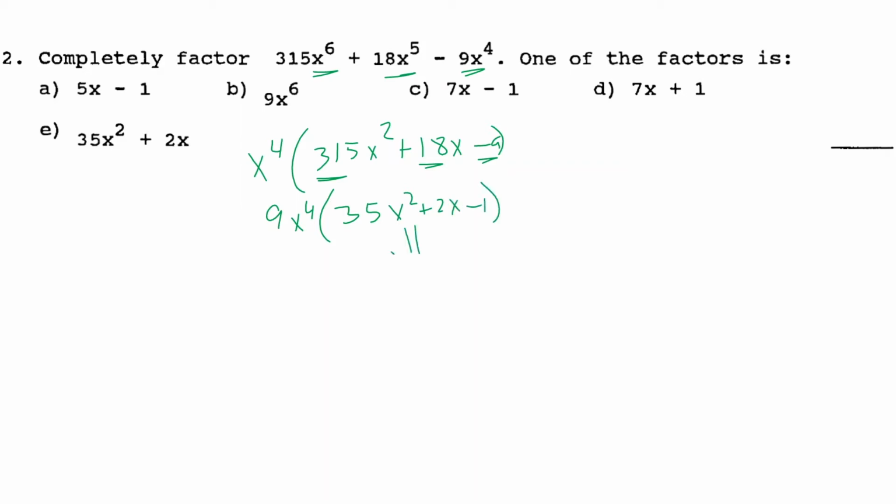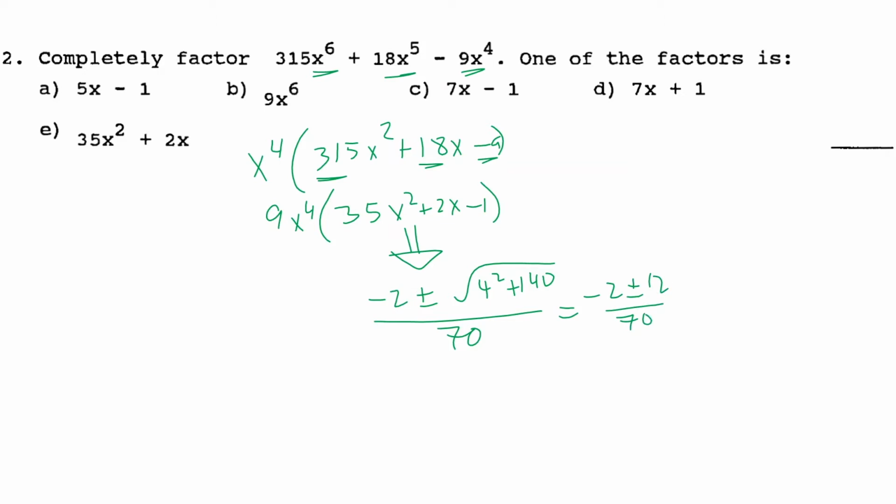Now I absolutely have to use the quadratic equation. Minus 2 plus minus square root of 4 squared plus 140 over 70, which is minus 2 plus minus 12 over 70. Again, I'm skipping lots of steps here. So it's 10 over 70, which is 1 over 7, or negative 14 over 70, which is negative 1/5.